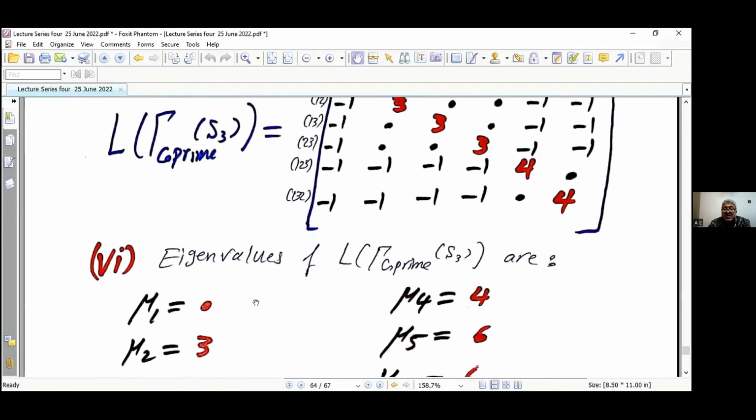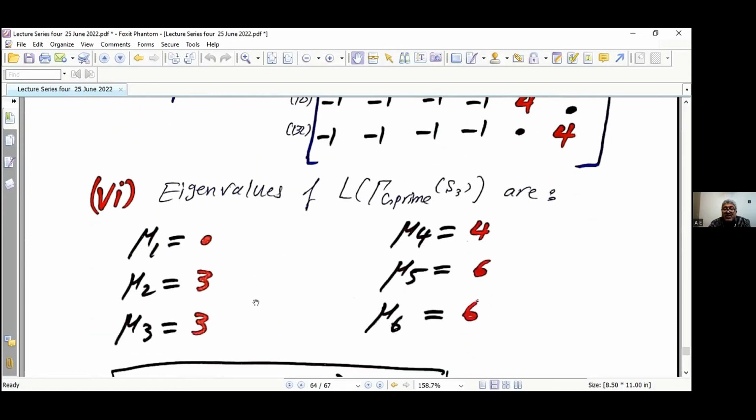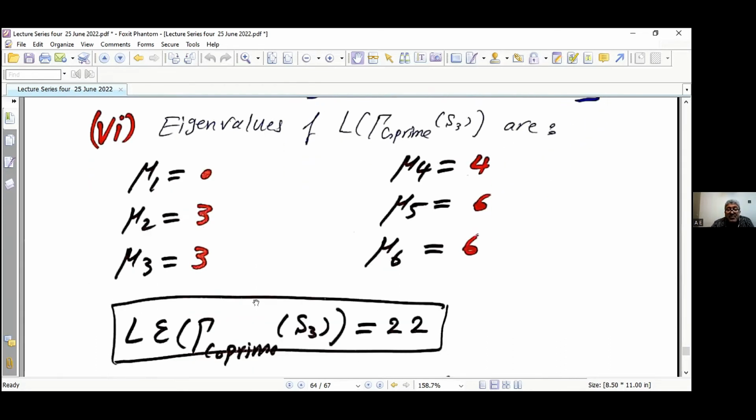Now, how about the eigenvalues? So I found the eigenvalues of the Laplacian matrix. We have 0 with multiplicity 1, 3 with multiplicity 2, 4 with multiplicity 1, and 6 with multiplicity 2.